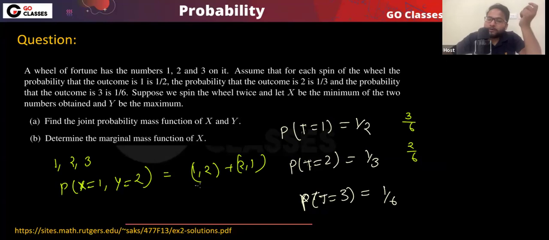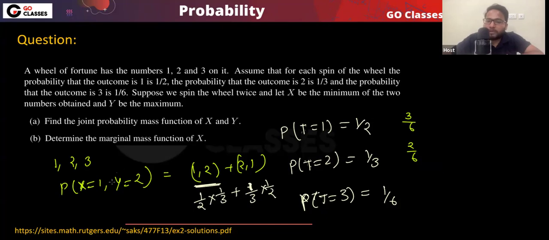What is the probability that you get 1 and 2? First you get 1, the probability is 1 by 2, into the probability that then you get 2, which is 1 by 3, plus the probability 1 by 3 into 1 by 2, right? So this is the probability.